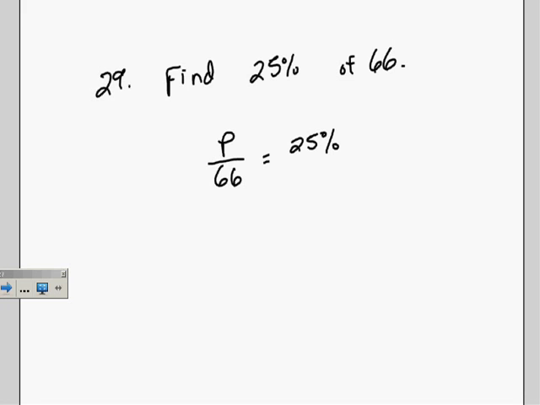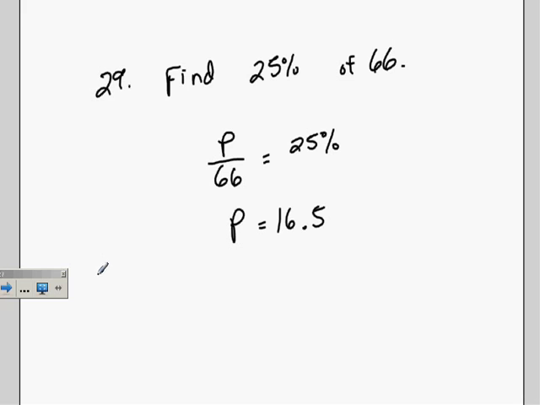And we're trying to find the percentage. So 25% of 66 is going to be 16.5. Oh, I'm going to scratch that. It's not percent. It's actually 16.5. There's no percent there. My mistake. It's a percentage. So it's going to be some type of whole number or rational number. And do not round. 16.5 is the actual answer.